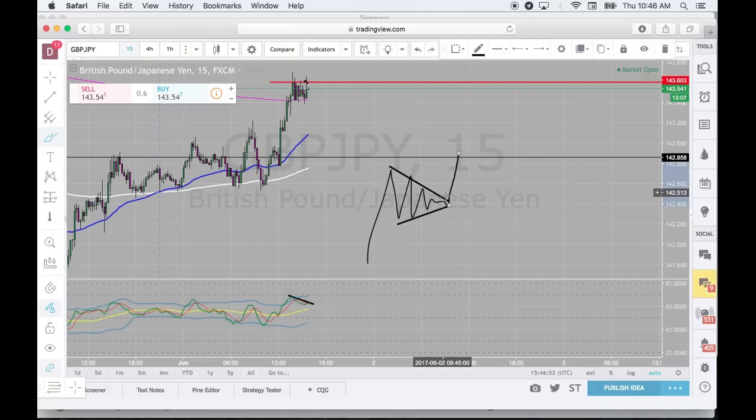So, what does that create? It creates a massive amount of liquidity here of buyers. And what is the market maker's job to do? What is his purpose? His purpose is to create a volatile environment and basically balance the marketplace out.